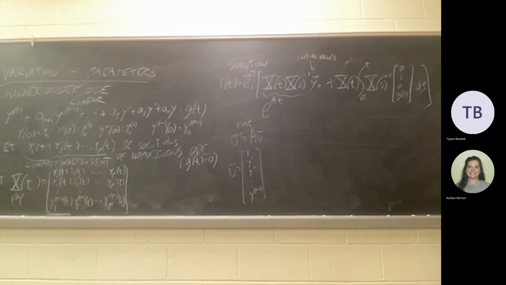So this is the same solution formula we've been working with, it's just for a p-th order problem. I've thrown a lot of notation at you. Are there any questions up to this point?